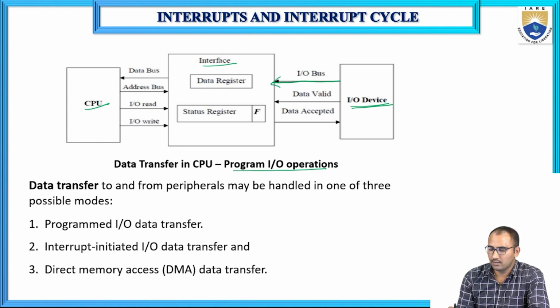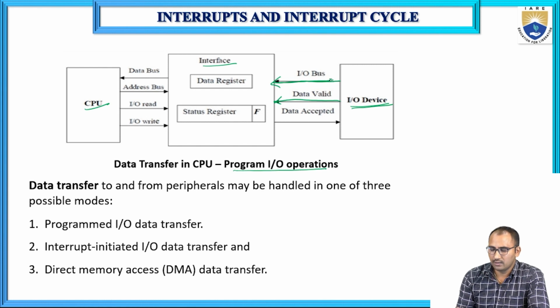After that, the IO device sends a data valid signal to the interface. The data valid signal informs that valid data is placed on the IO bus.